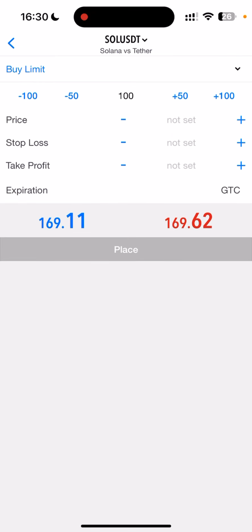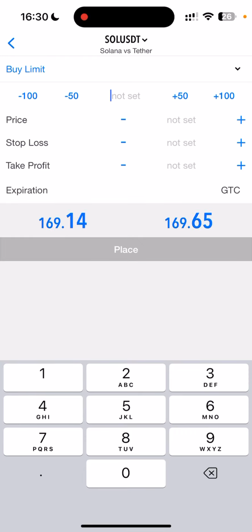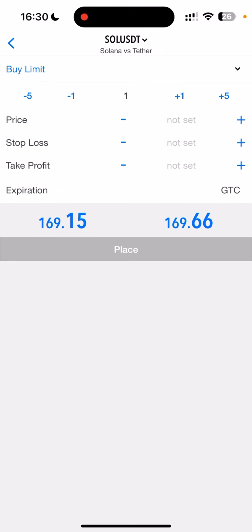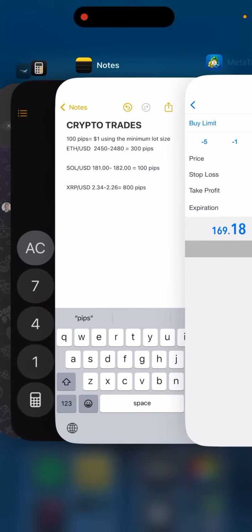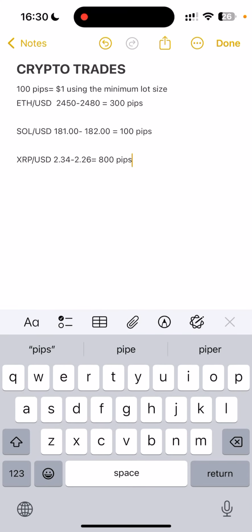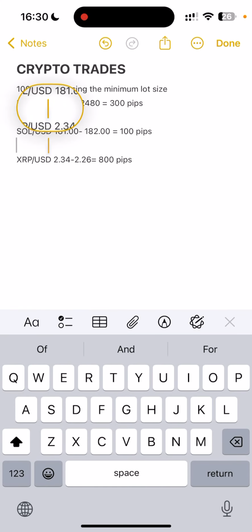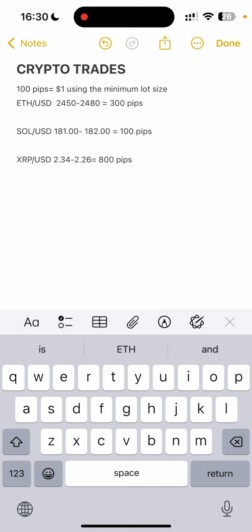I think Solana is quite easy to understand because there are not a lot of numbers. The minimum lot you can use for Solana is 1 lot. And for Solana, the difference in 100 pips is, let's say, 181.00 to 182.00.